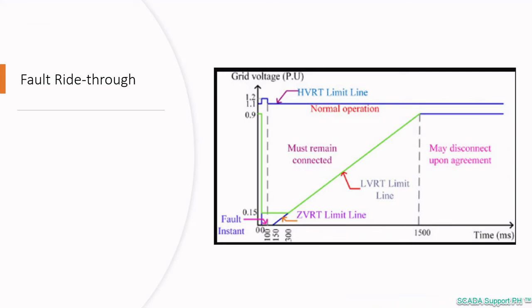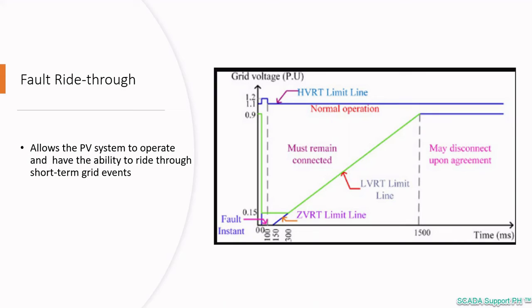The fault ride-through capability of the PPC allows the PV system to continue operating even if the grid experiences certain disturbances like specific low, high, and zero voltages or low and high frequency ranges.